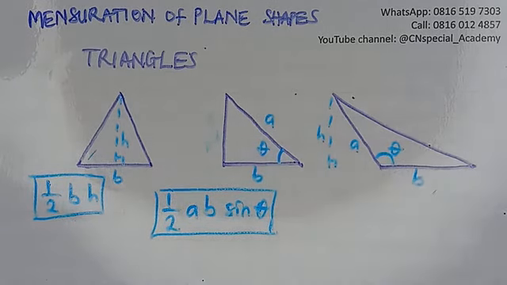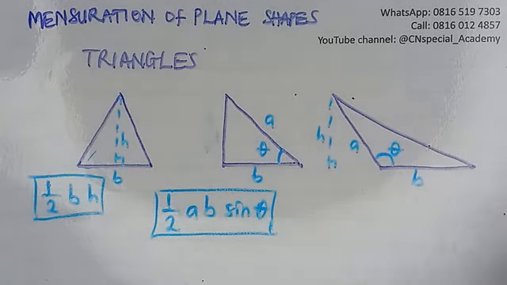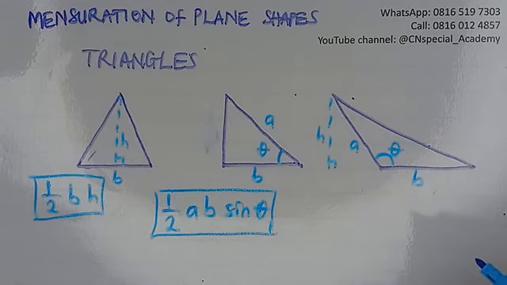Now, what if all the three sides were given? No included angle, no height. We use a special formula we call Heron's formula.